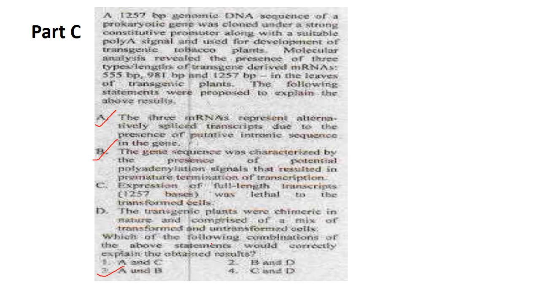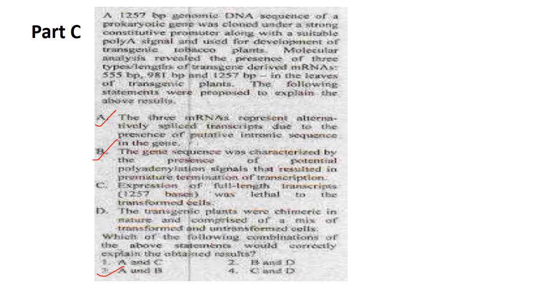The 3 mRNAs represent alternatively spliced transcripts due to the presence of putative intronic sequence in the gene. That is correct. Option A is correct. The gene sequence was characterized by the presence of potential polyadenylation signals that resulted in premature termination of transcription. That is also correct.